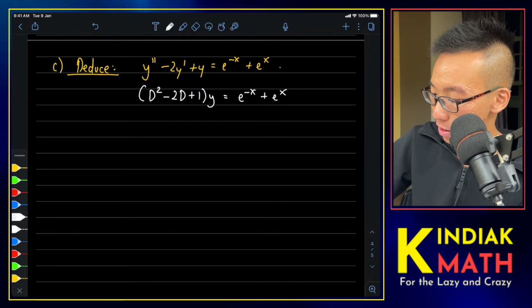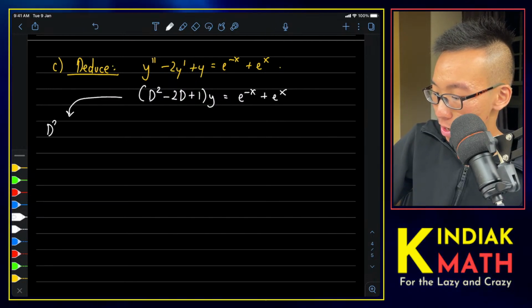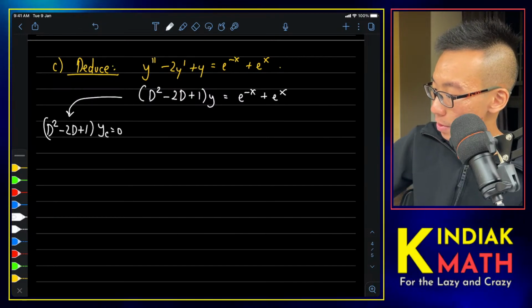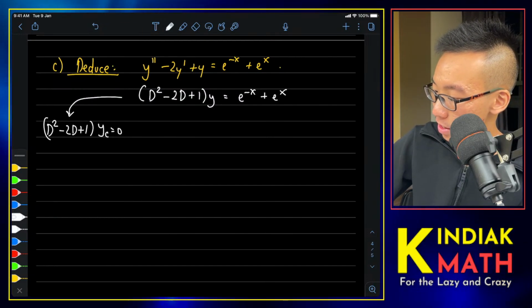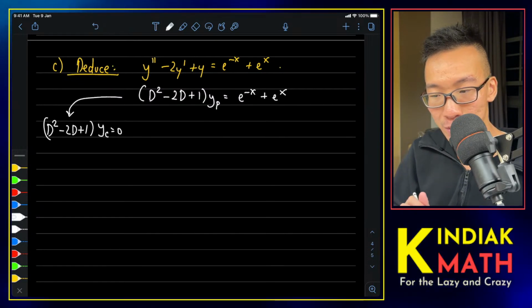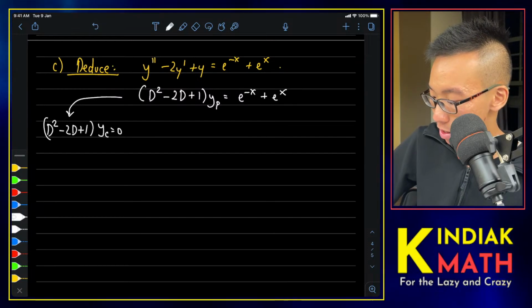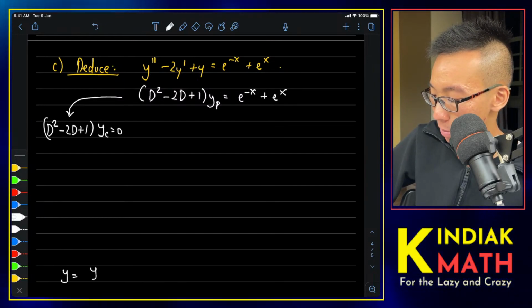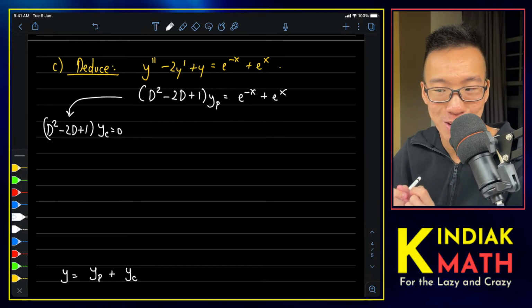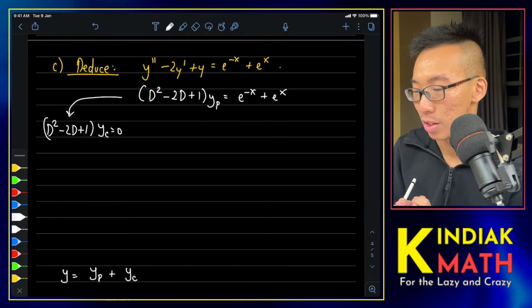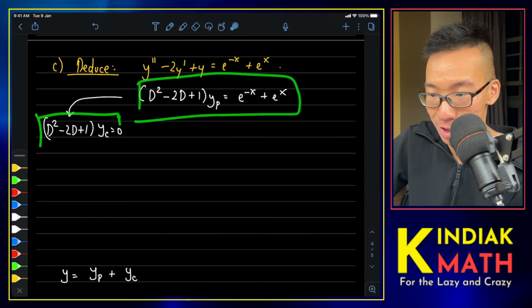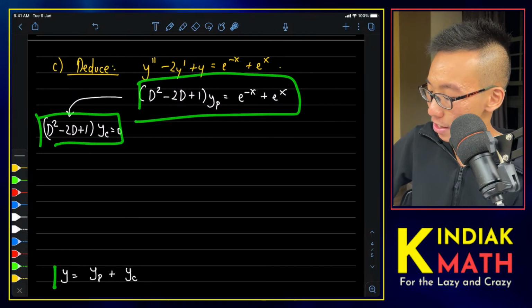So the first equation is d squared minus 2d plus 1 yc equals 0. The other equation is to replace the y with yp. Our final solution is going to be of the form yp plus yc. And hopefully this doesn't take us too much time or effort. So we need to solve this differential equation and this differential equation and then piece them all together.